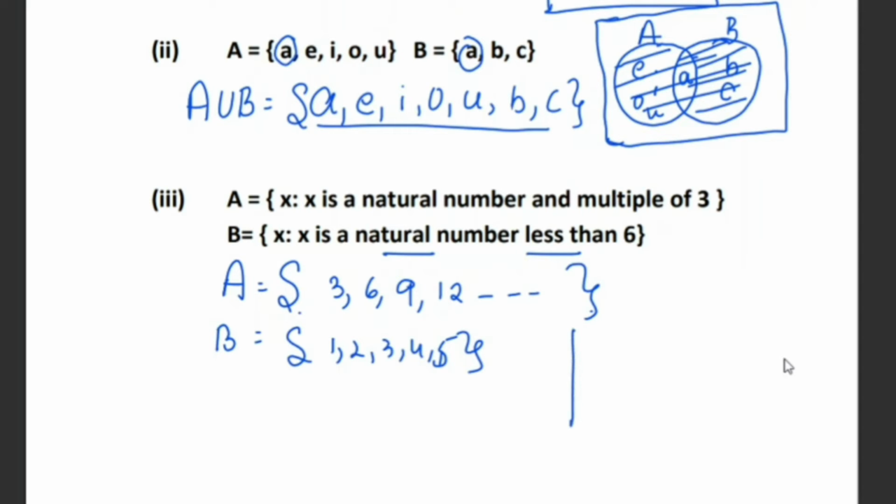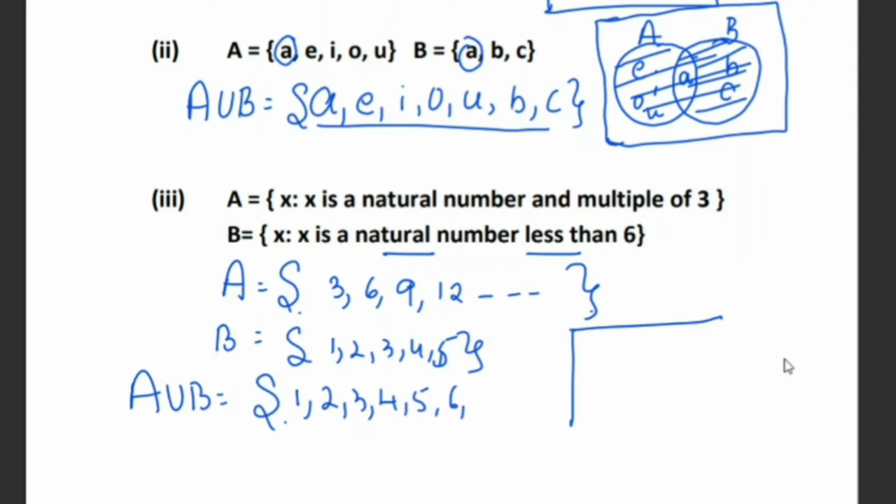What is A union B? Okay. So we write 1, 2, 3, 4, 5, 6, 9, 12, and so on. In our Venn diagram, this is A, this is B. What are the common things over here?